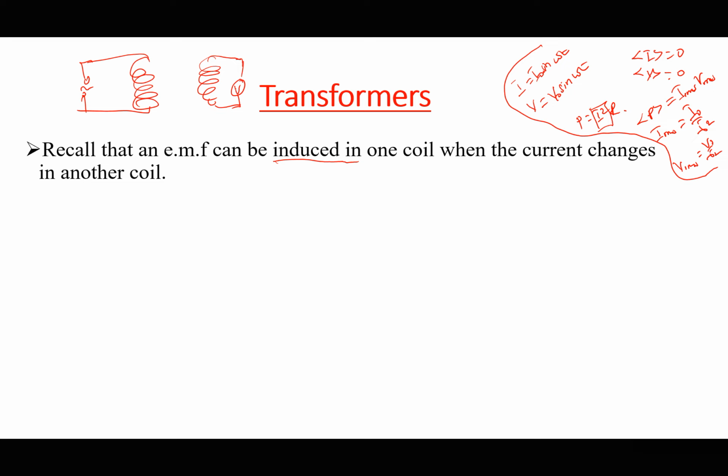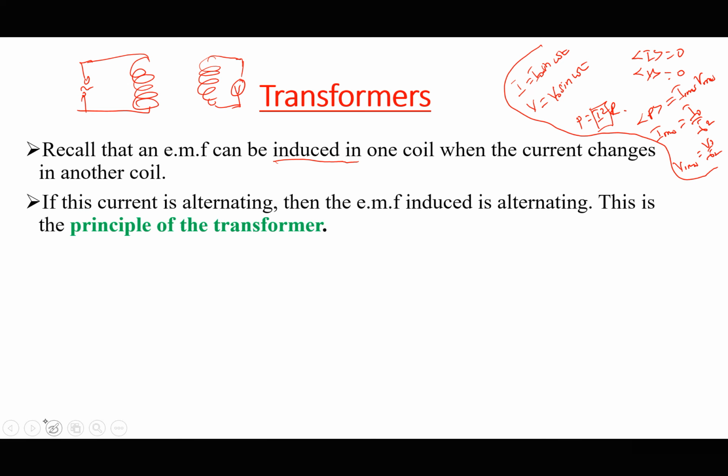So, whenever there is a changing current in one coil, it induces an EMF in a neighboring coil. And it is on this principle that a transformer works. If this current is alternating, of course, what do we know about alternating? It keeps changing direction.